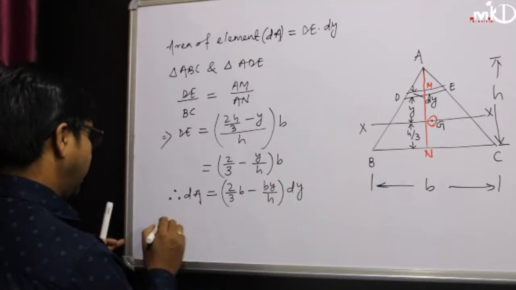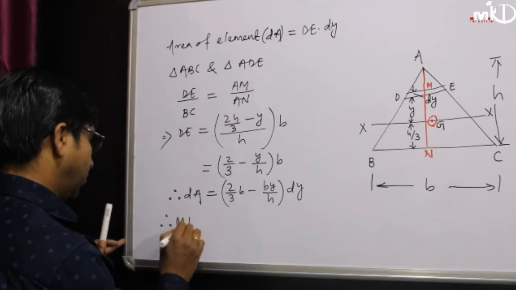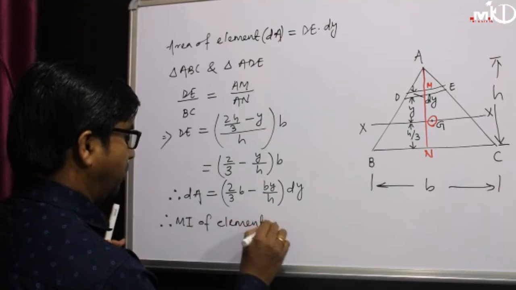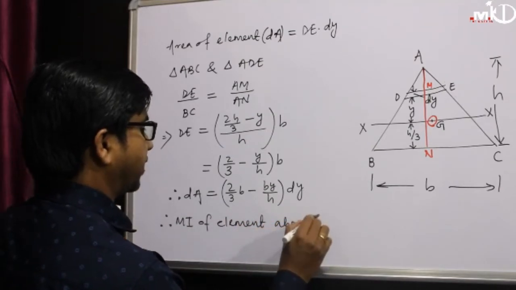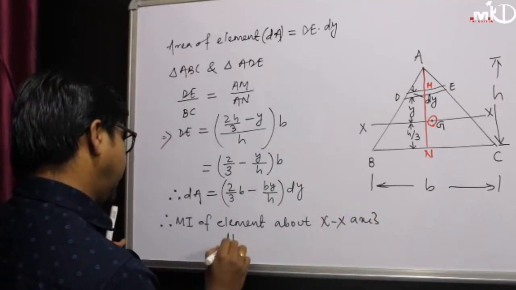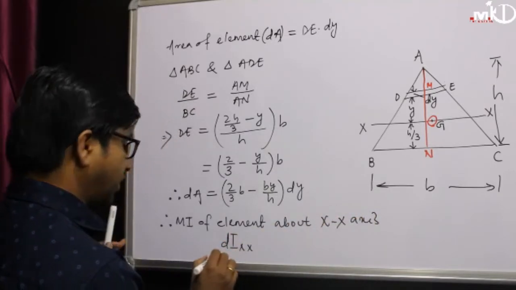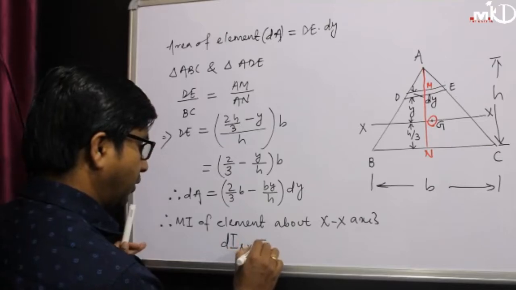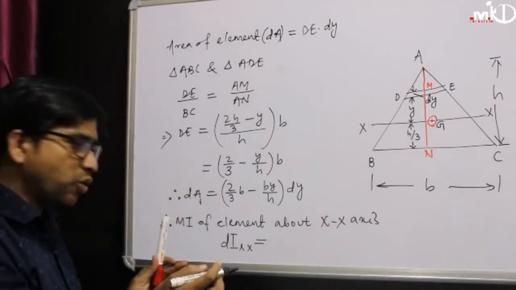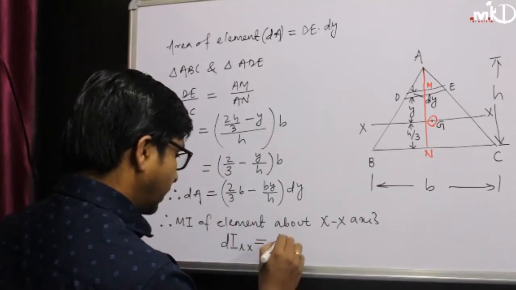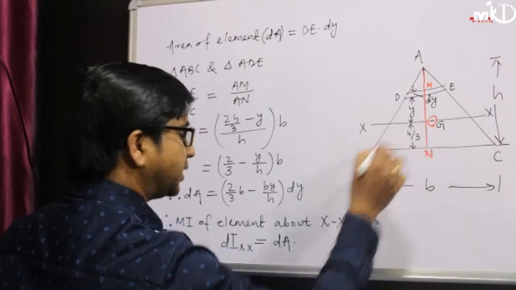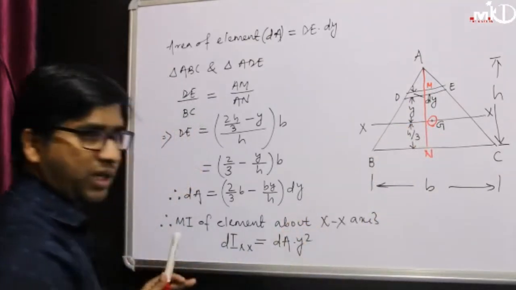Now we will find the MI, that is the moment of inertia of the element, about which axis? About the centroidal axis, that is x axis. So this can be written as dIxx, the moment of inertia about x axis, d for small, equal to the formula you already know: area into distance squared. The area is the element's dA, and the distance of the element DE from x axis is y, so dA into y squared.